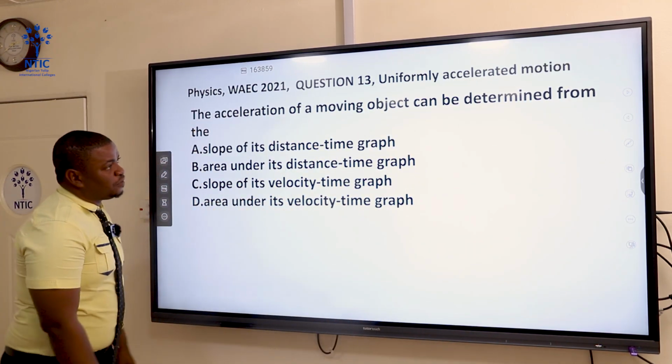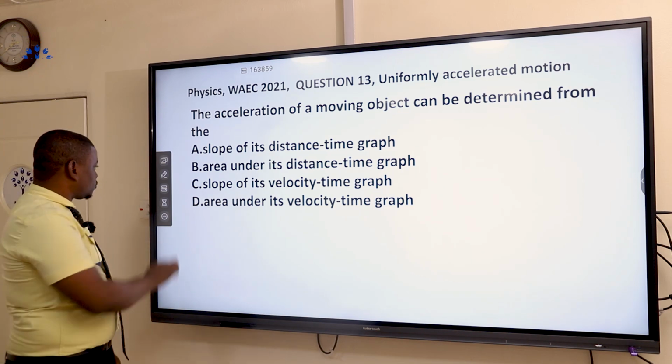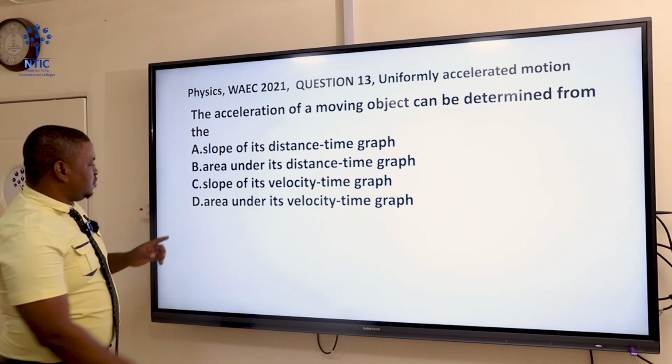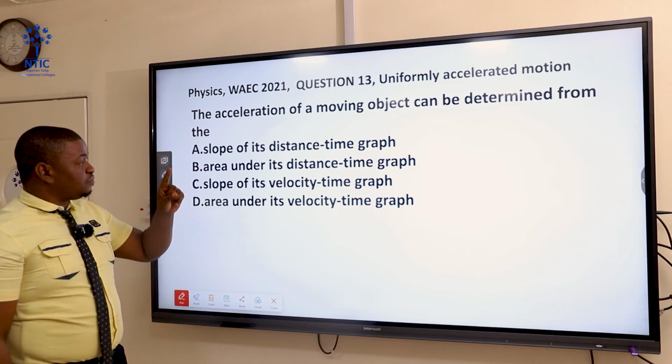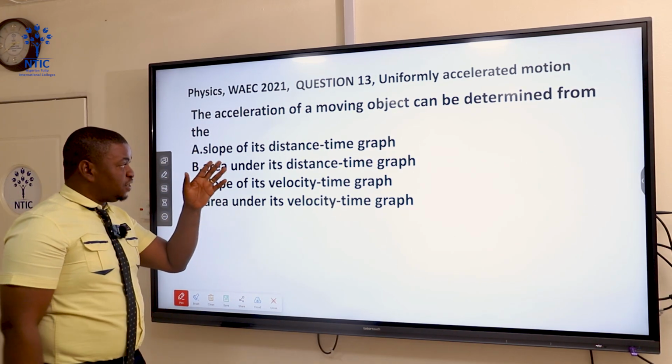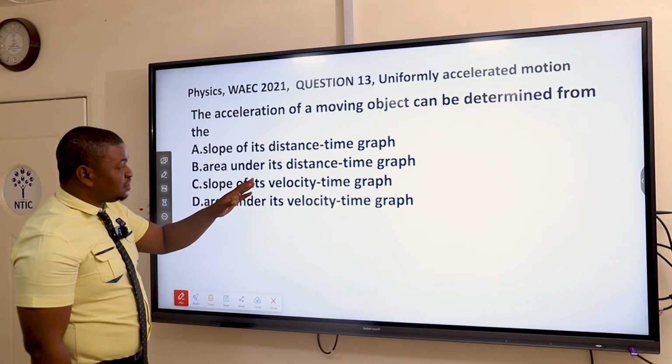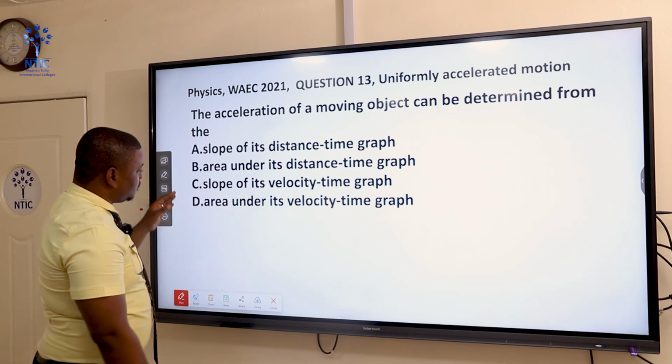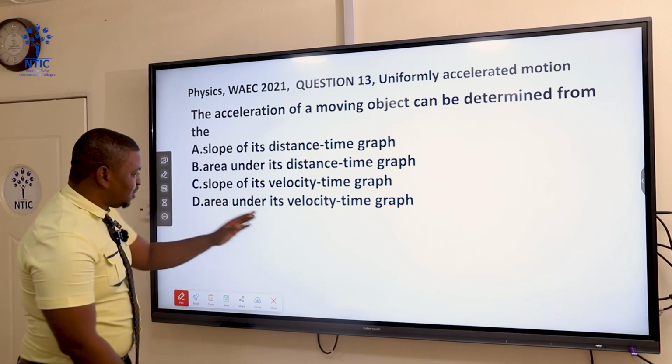The acceleration of a moving object can be determined from the slope of a distance time graph, the area under its distance time graph, the slope of its velocity time graph, or the area under its velocity time graph.